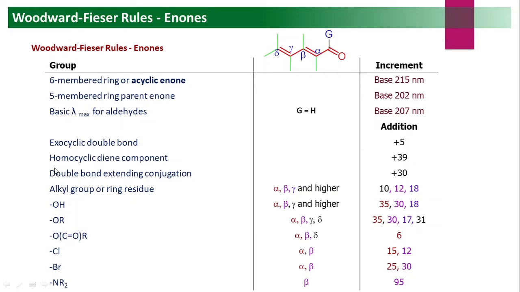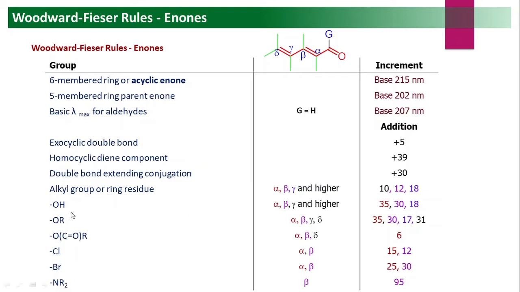If a homocyclic diene component is there, meaning two conjugated double bonds in the same ring, then we have to add 39 nanometer to the base value. If there is an extra double bond extending the conjugation, then for each such double bond we have to add 30 nanometer to the base value.